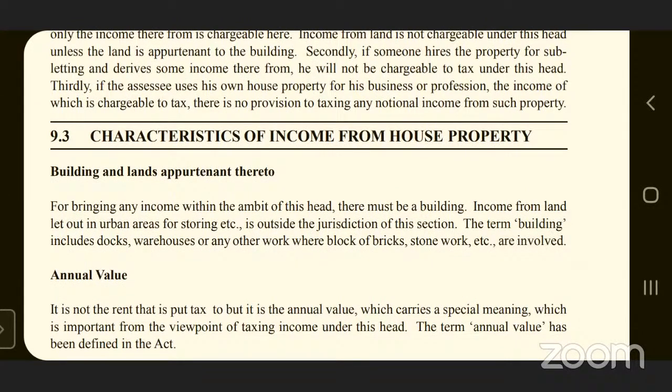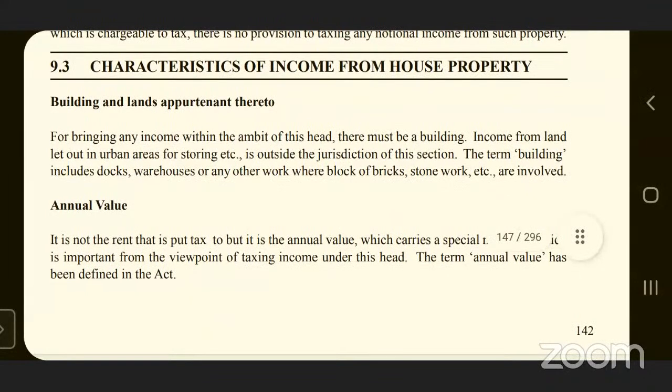Here, as I told, there are certain characteristics in order to consider a particular income as income from house property. What are those? Let us see. In order to consider a particular income as income from house property, there must be a building and income should arise as rent from that building.